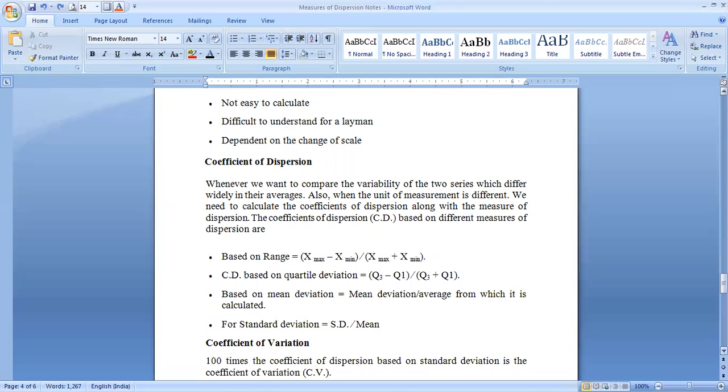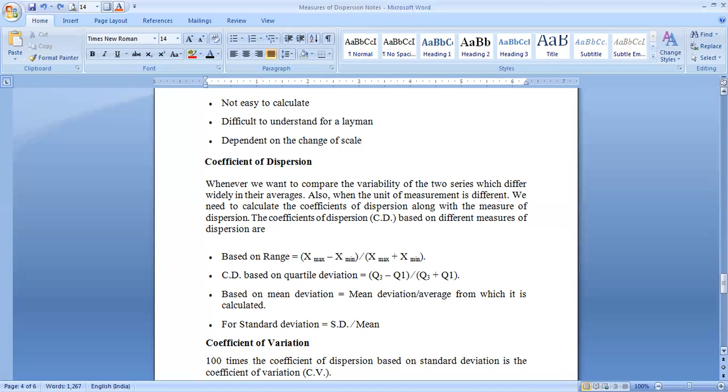And the coefficient of dispersion based on the quartile deviation is given by Q3 minus Q1 upon Q3 plus Q1, where Q1 and Q3 are the quartiles.